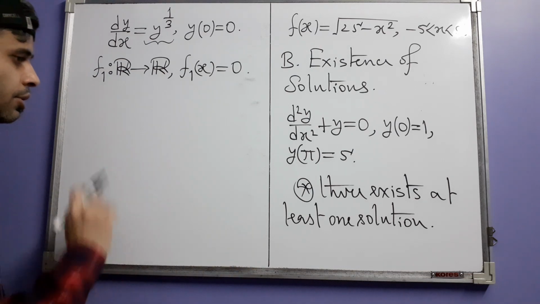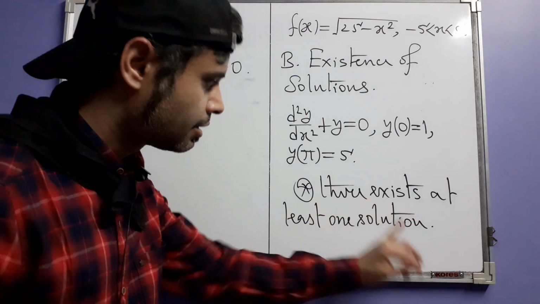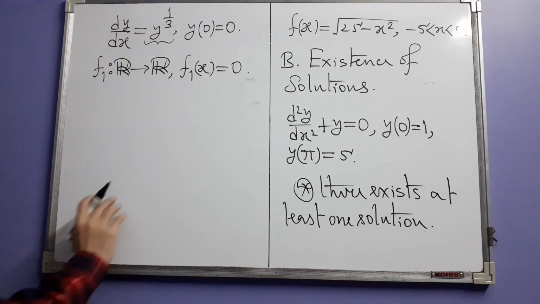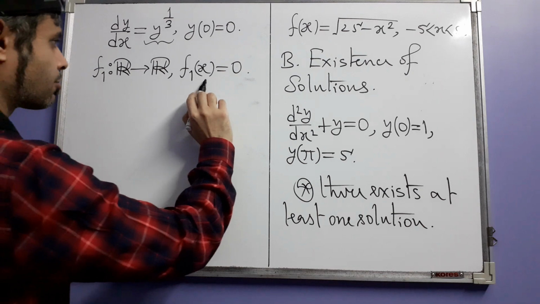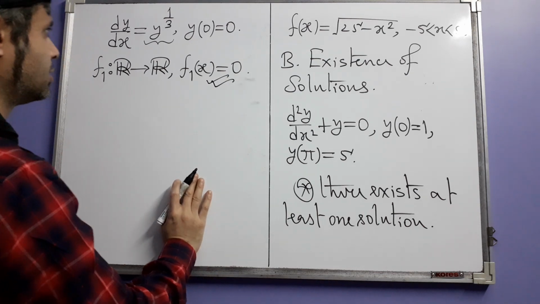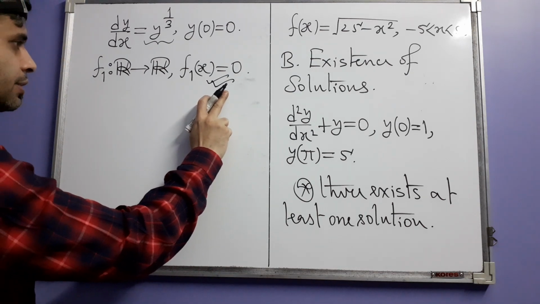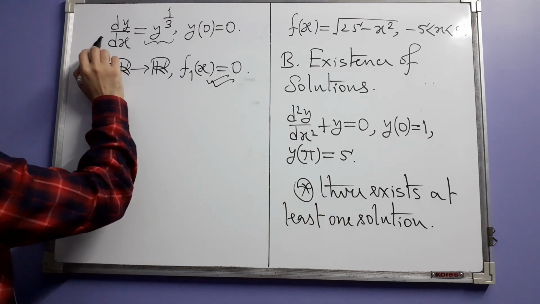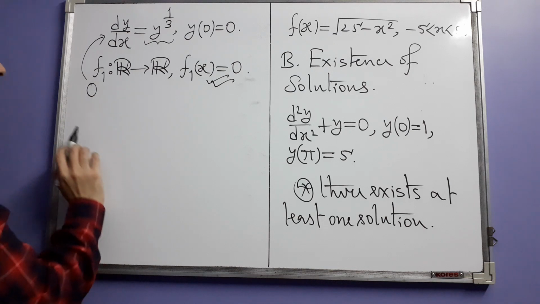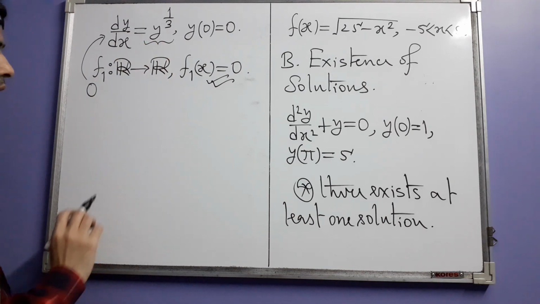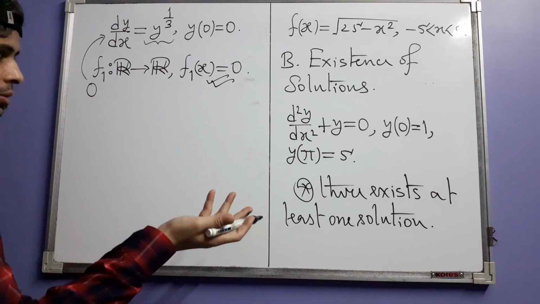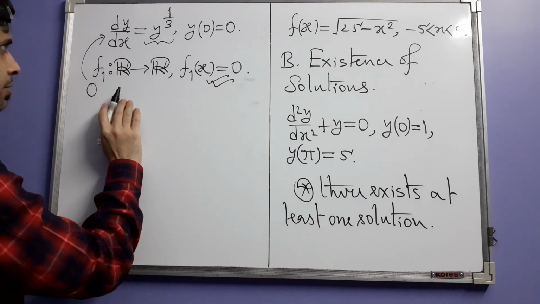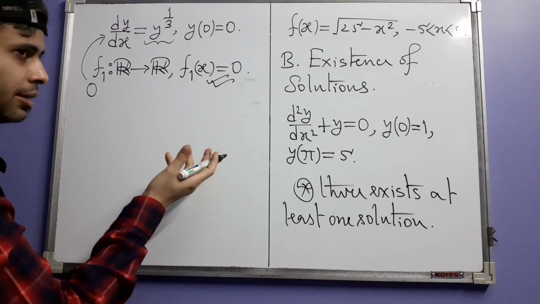Fine. So there exists at least one solution, but now we are going to see more than one solution. One of them is this. Why? Well, is the constant function differentiable? Yes, it is differentiable. And what is its derivative? That is also the constant function 0. So that means the left hand side is constantly 0. What about the right hand side? The cube root of 0 is again 0 at any real number, which may sound a little confusing.